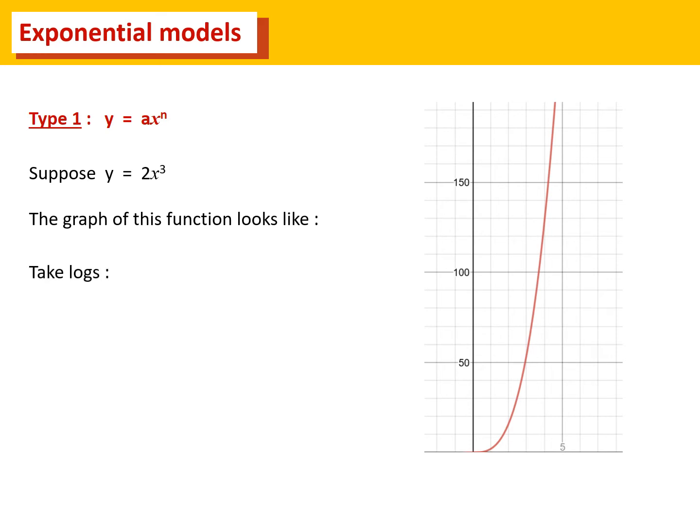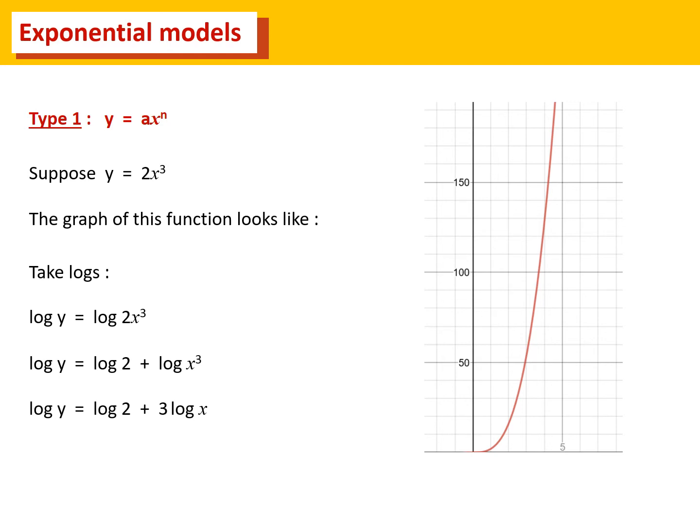However, if we take logs of both sides, we end up with log y equals log of 2x cubed. Using our multiplication rules for logs, we can split that as log 2 plus log x cubed, and we can bring that power of 3 down to write log y equals log 2 plus 3 log x.